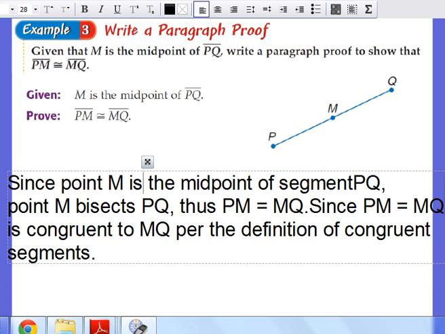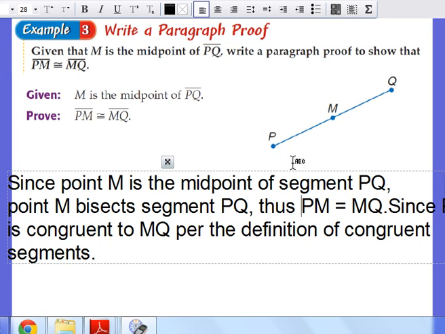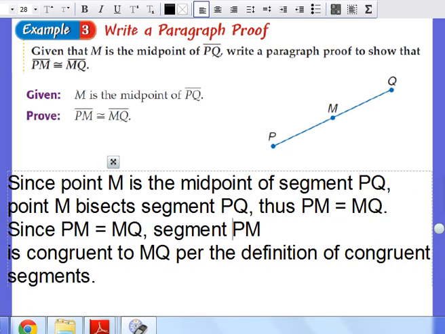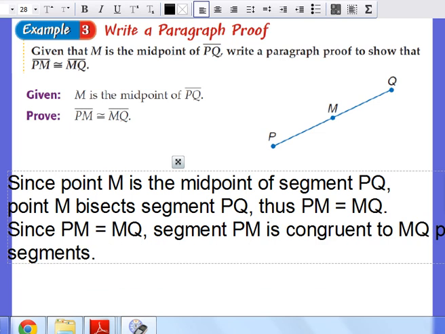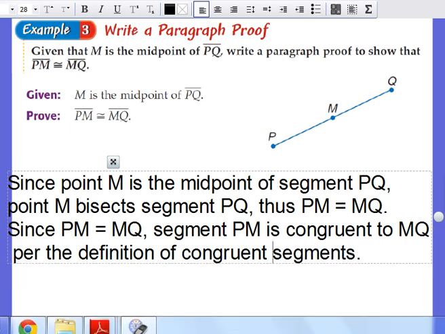Since M is the midpoint of segment PQ, point M bisects segment PQ, thus PM is equal to MQ, and since PM is equal to MQ, segment PM is congruent to MQ per the definition of congruent segments. And you're basically done. This is a simple one.